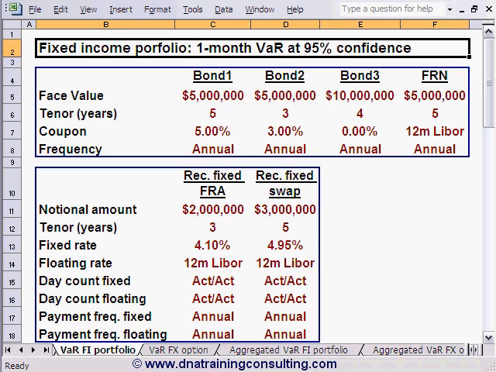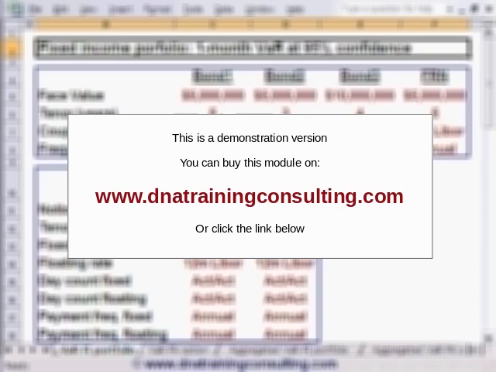The result we will obtain, to reiterate an earlier point, would be a potential loss amount that is expected to be exceeded over a 1-month horizon in only 5% of instances.